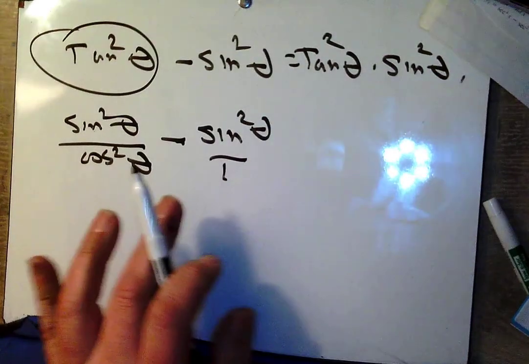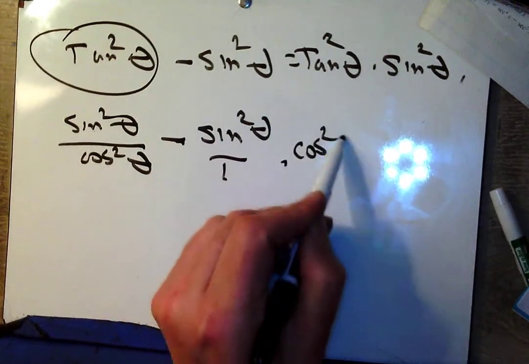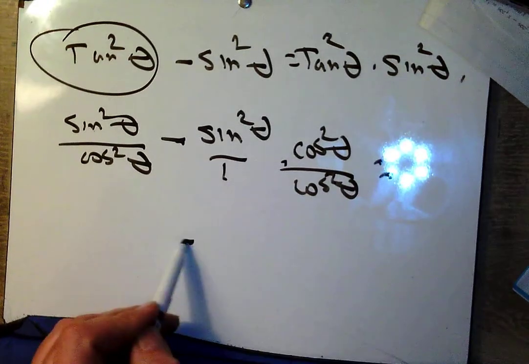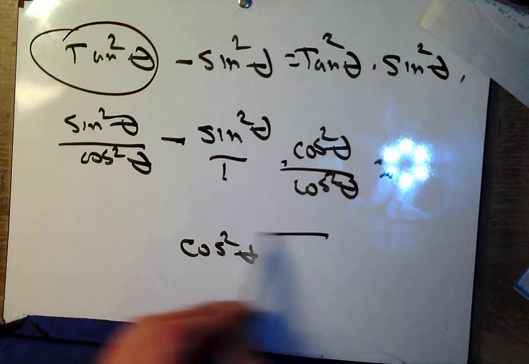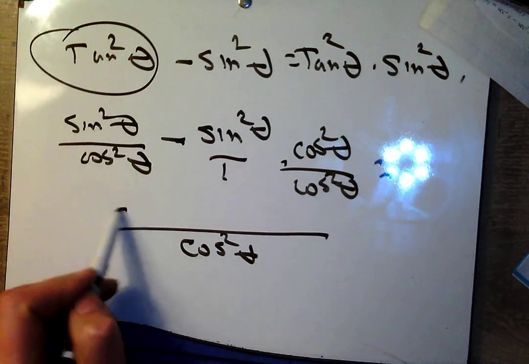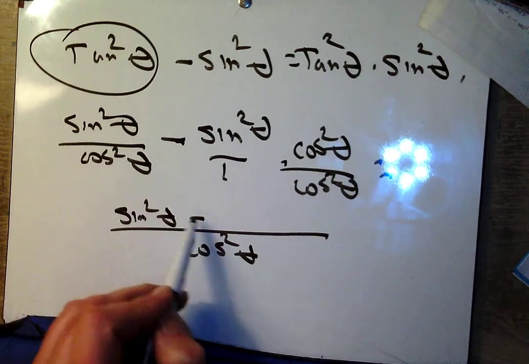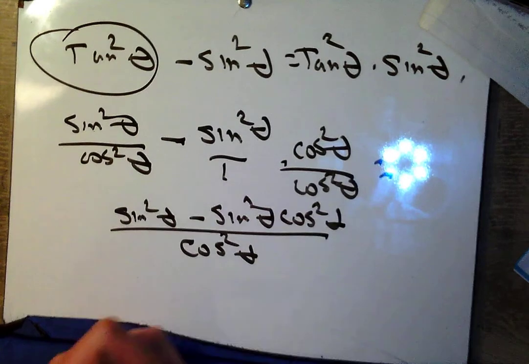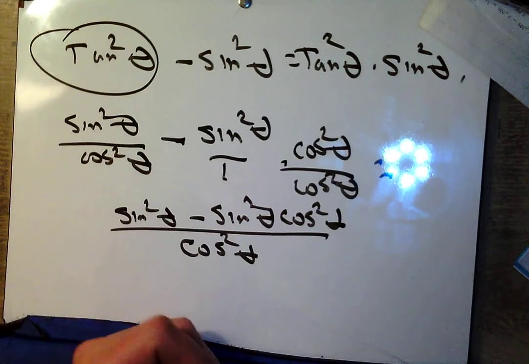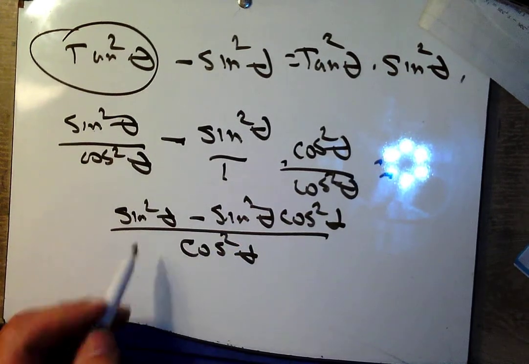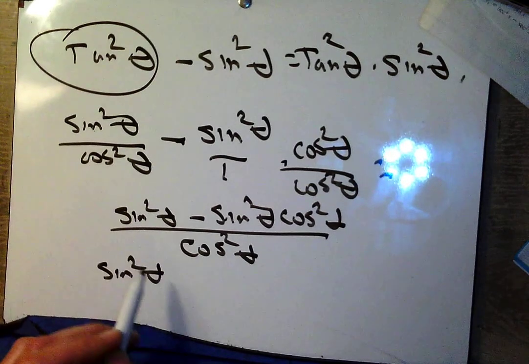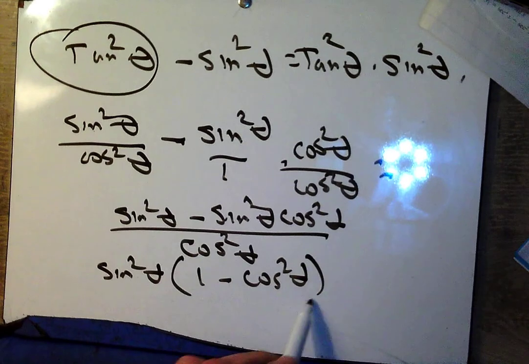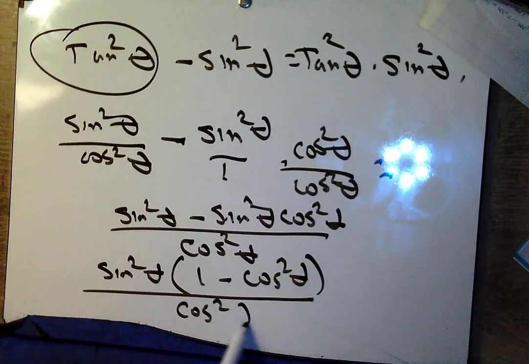Okay, I'll make cosine squared, cosine squared, and so now what? Well, we've got cosine squared on the bottom, and on top we have sine squared minus sine squared cosine squared. Okay, now what? Well, I can factor out a sine squared, and I'm left with 1 minus cosine squared over cosine squared.